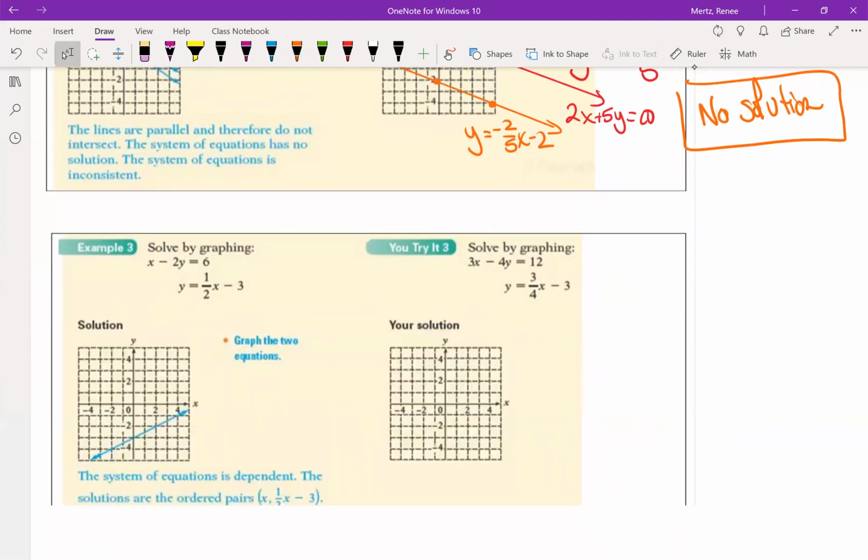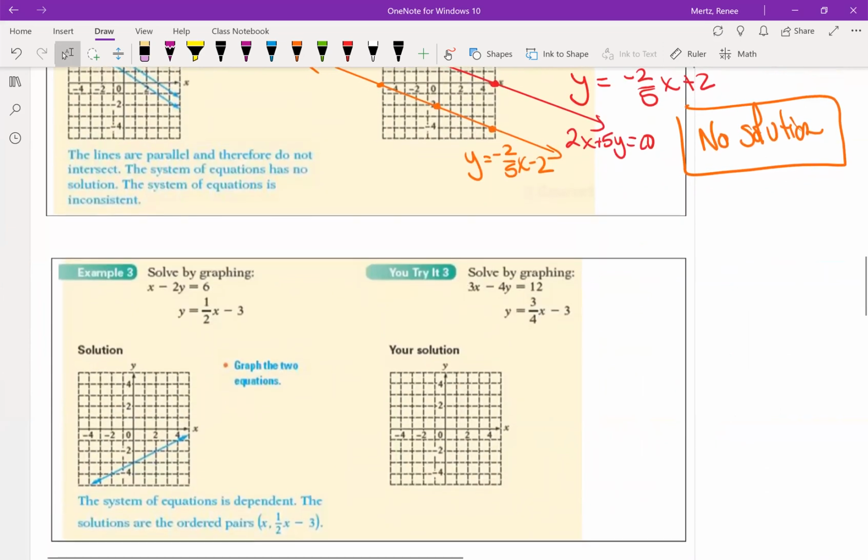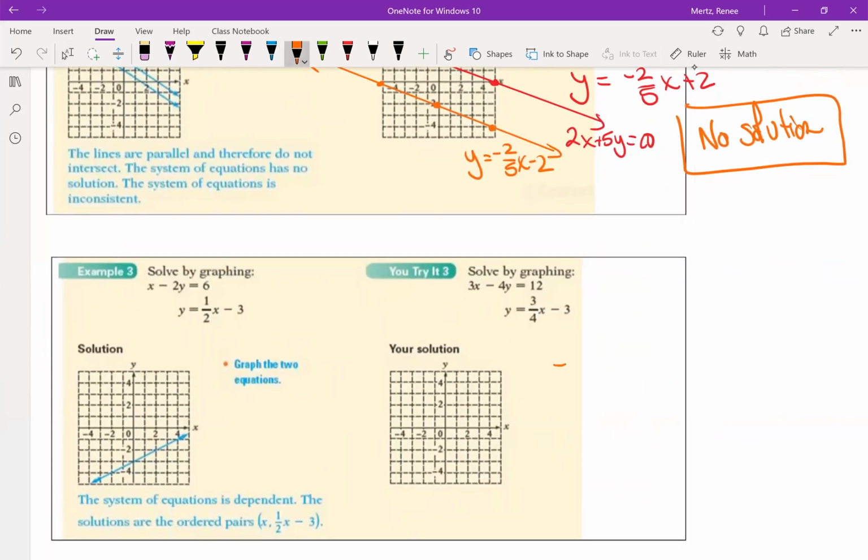And lastly, I have y equals 3/4 x minus 3. As you can see, both of these lines match. So I begin at negative 3. I go up 3, right 4. That's all I can get on the graph.